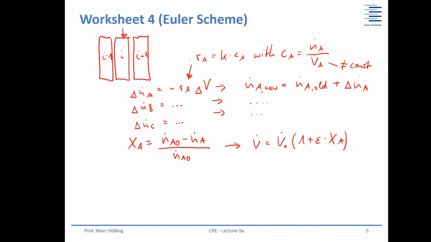So this means for every slice you have to update your mole flow, your conversion, your volume flow, and your concentration. And with the concentration you can update your reaction rate, and so on.